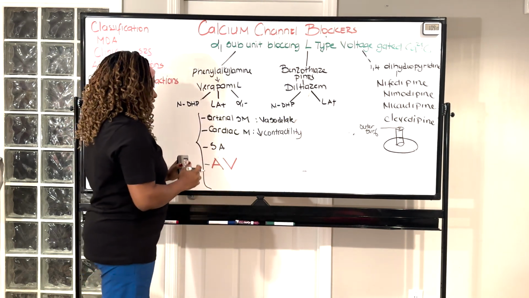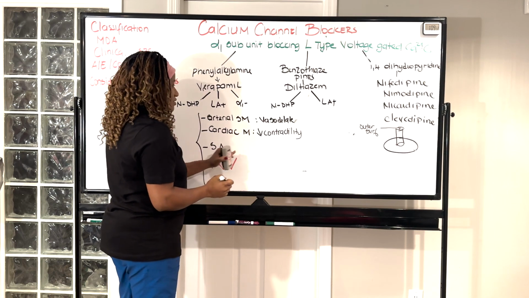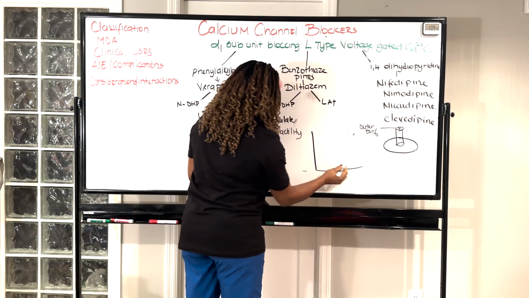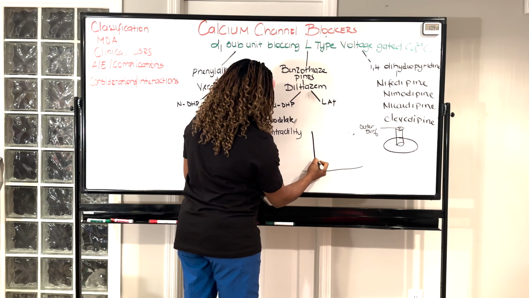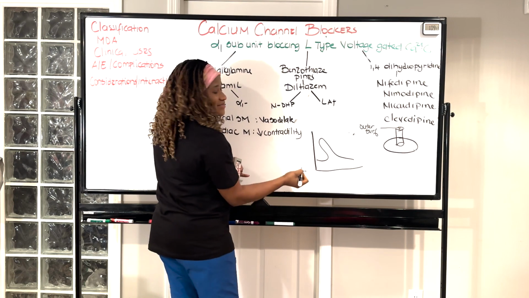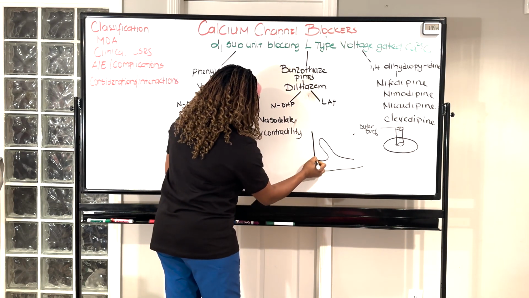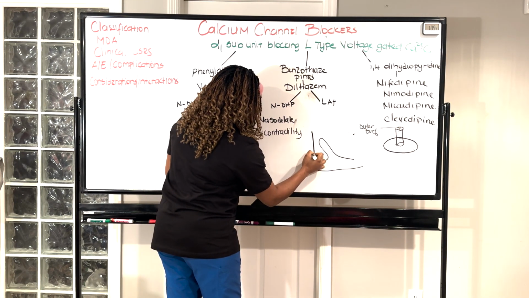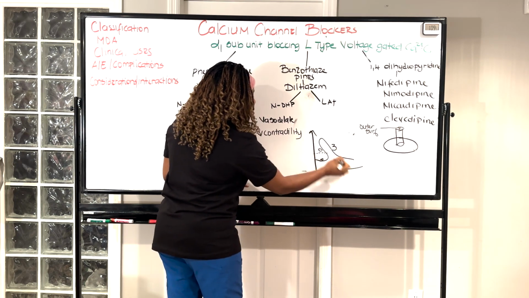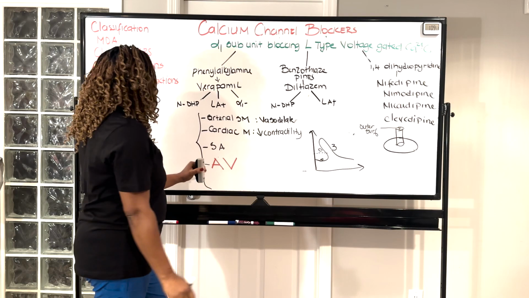Now let's talk about the SA node. In the nodal cell, this is the action potential of the nodal cell. Something like that. This is phase 4. Once we reach the threshold, we have phase 0 and phase 3 right here.